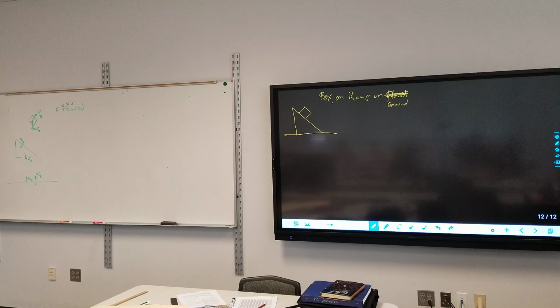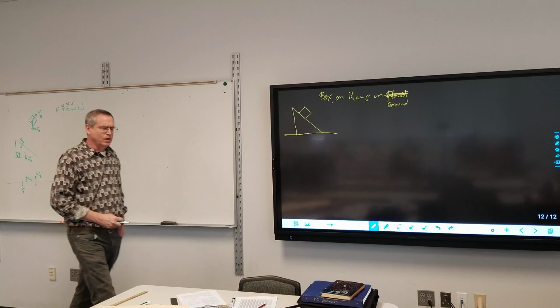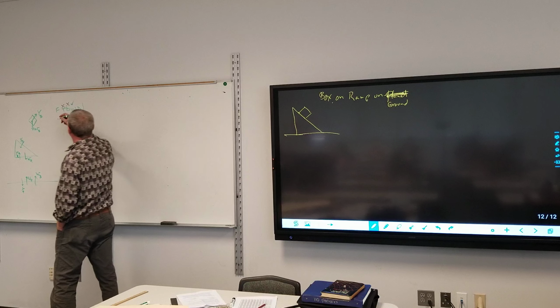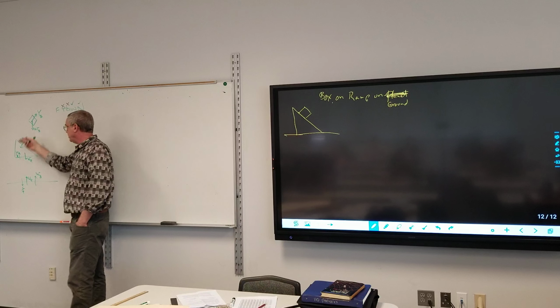Ramp and ground. Anywhere they've got objects touching. So which way is it acting on the ramp? I saw gestures, someone said down, they said it too quietly. I have only two places where there's contact, so I have two pairs.